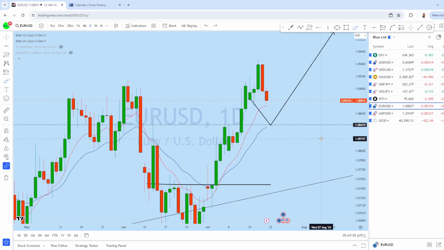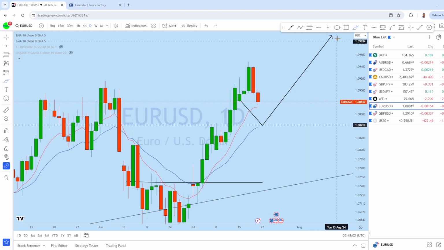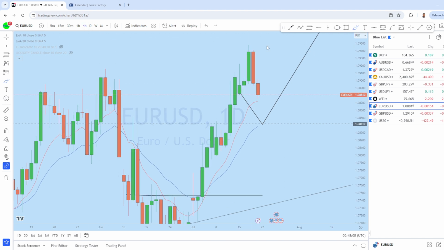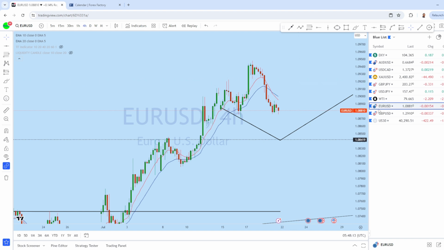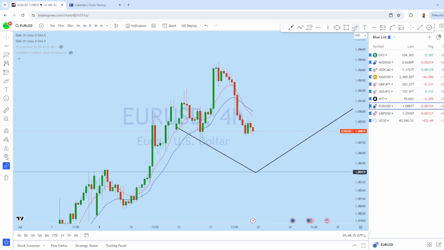As the price moves from liquidity to liquidity, what we can expect on euro dollar on the lower time frame is to drop down and then bounce back up. Now looking at the 4-hour from an intraday perspective on euro dollar, we can see there is a consolidation pattern here, and we have seen a strong bounce followed by consolidation, expecting euro dollar to drop down, go up for a pullback and then break below to create a new lower low.